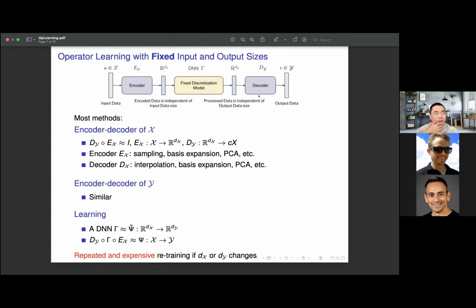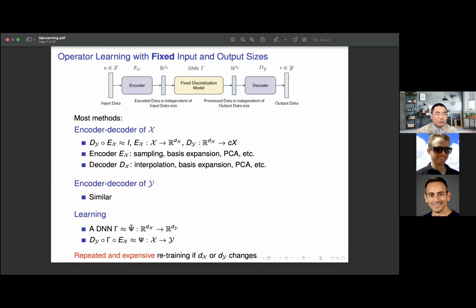For example, the learning objective is to learn some operator between some function spaces X and Y. So the original goal is that given a function u, you can build a mapping that maps u to the target function v in Y. But in practice, in a computer, we have to discretize that to do the computation.